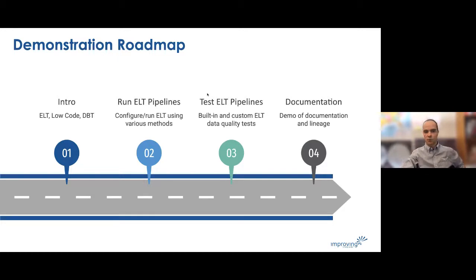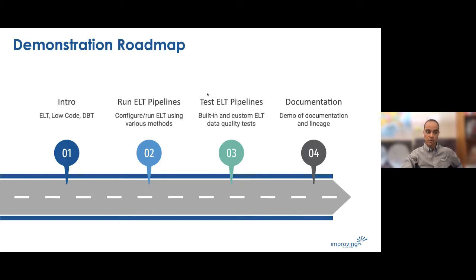So today, I've got 4 key areas that I'm going to cover. I'm going to do a quick introduction just to get you on the footing for what DBT is, what its purpose is. And we're going to get right into concepts with demonstrations, live code, running, and showing how things work. So I'm going to run ELT pipelines, which I'll cover what ELT is in a little bit. Then how to test these pipelines. So how can I actually verify the quality of the data coming out of my pipelines?